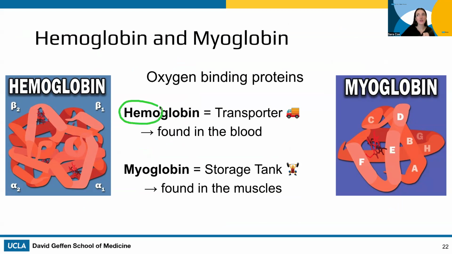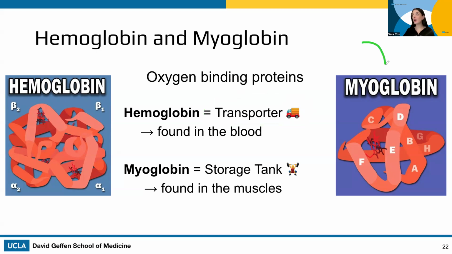It usually has to do with the blood, and that's because hemoglobin is found in our red blood cells. It looks a little bit like this, with four different parts, so we are able to transport four oxygen molecules in that hemoglobin. That makes hemoglobin our transporter. This is what brings oxygen to all of our tissues throughout the body.